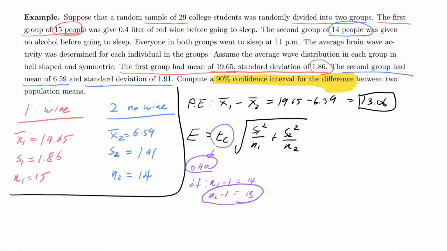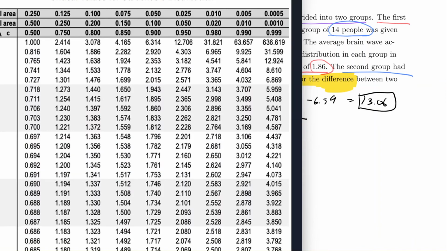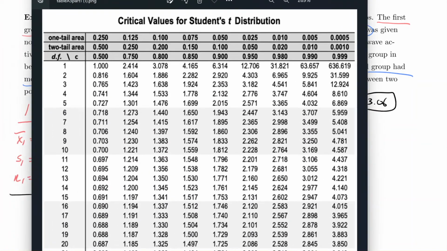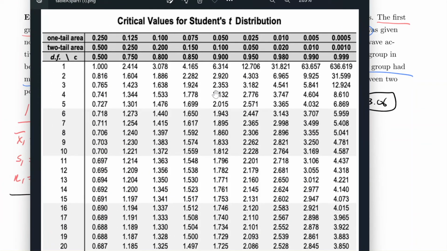So let me go to the t table. 0.9 and 13. 13 is right here, and 0.9 is 1.771. So we use this one for the critical value, 1.771.